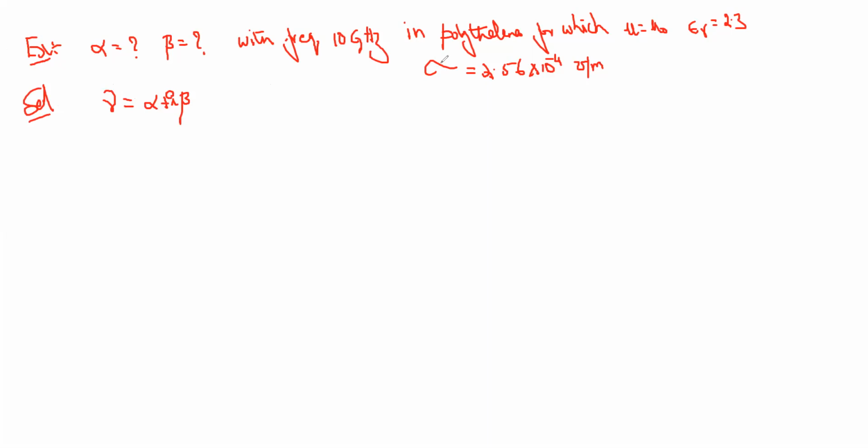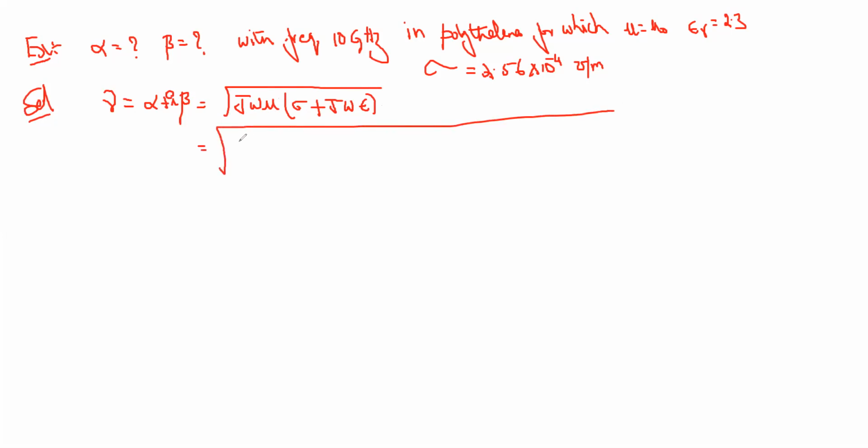But they have given sigma also. Sigma means gamma is equal to, the formula is, under root of j omega mu into sigma plus j omega epsilon. Got it, my dear students? So here the frequency, mu, epsilon and the conductivity are all there. Then the real term is alpha and the imaginary term is beta.